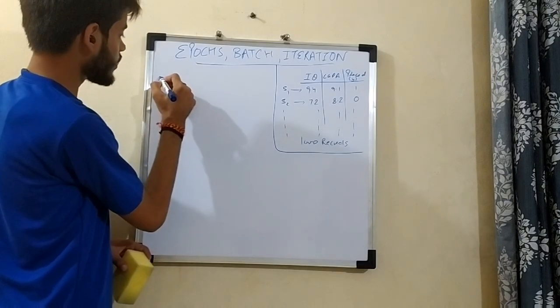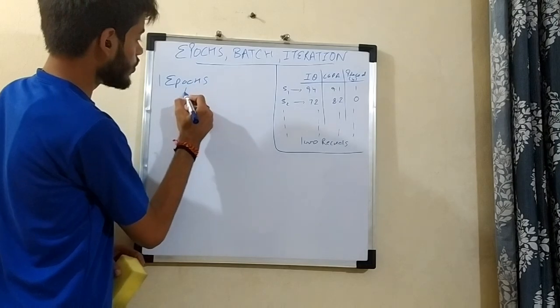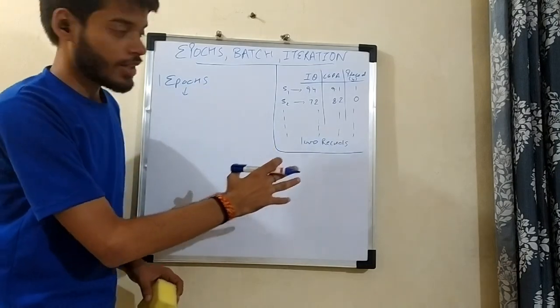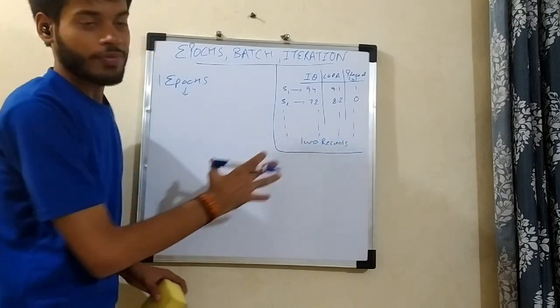In simple terms, I'm explaining with the consideration of 1000 records.